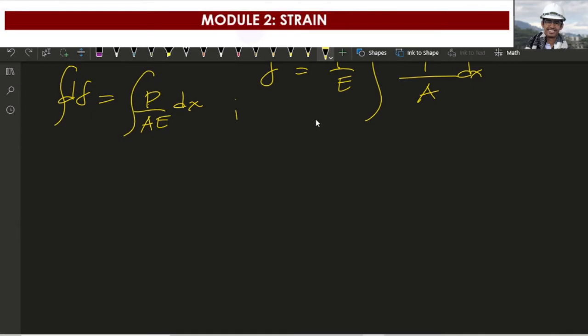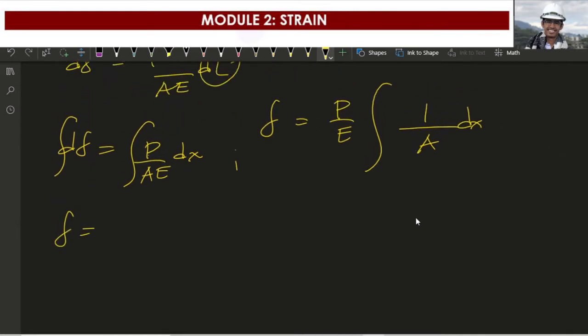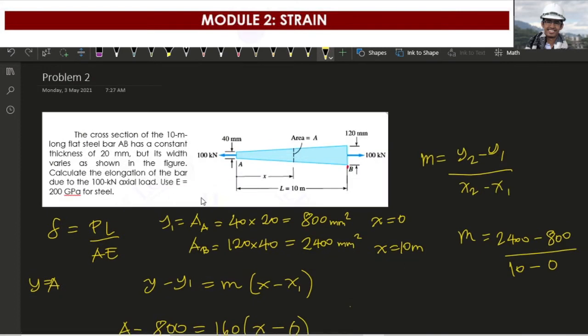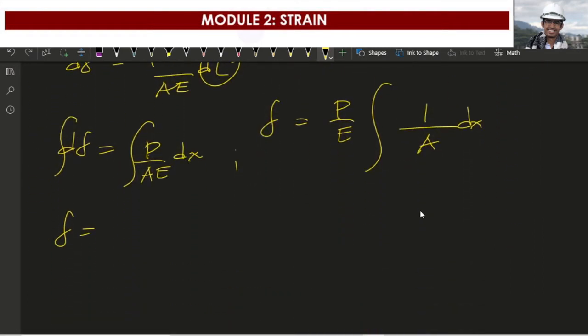So elongation is equal to, so ano yung force natin? That is 100 kilonewton. So that is equal to 100 times 10 raised to 3 para maging newton over yung E natin na 200 gigapascal. So that will be 200 times 10 raised to 9. Okay.